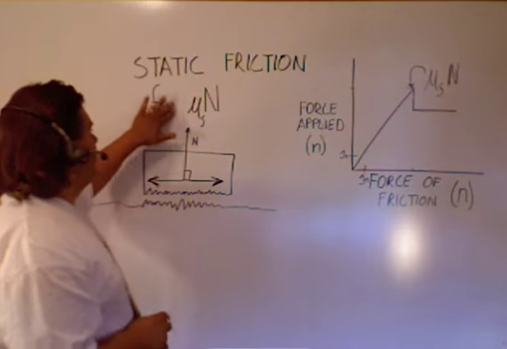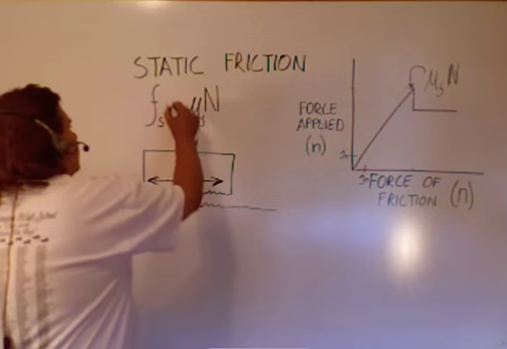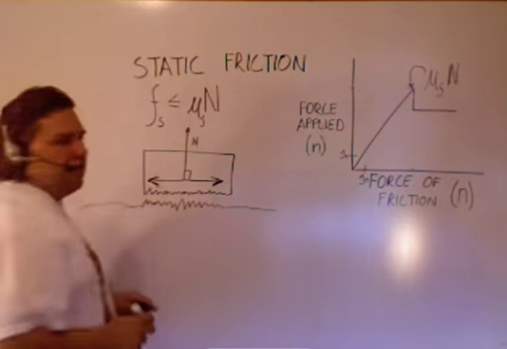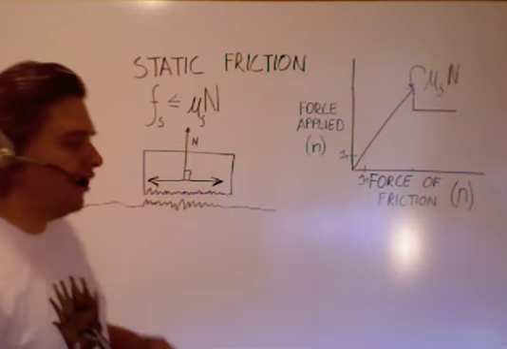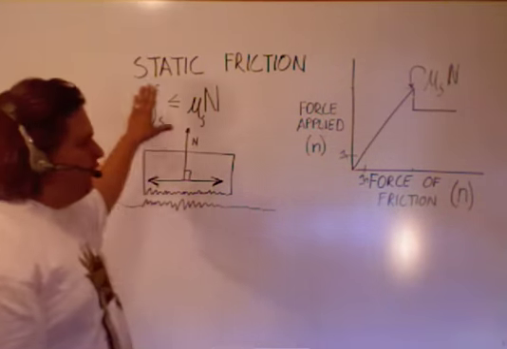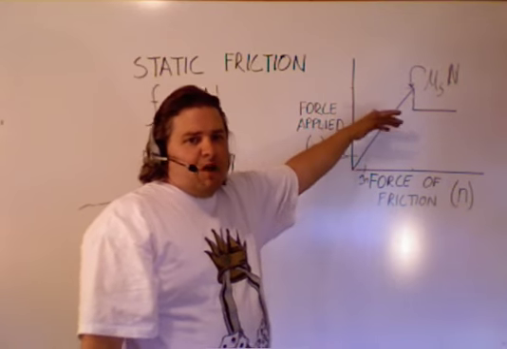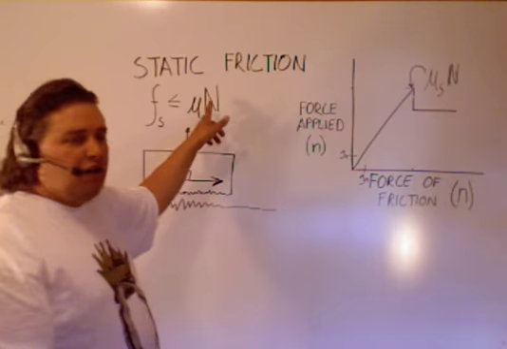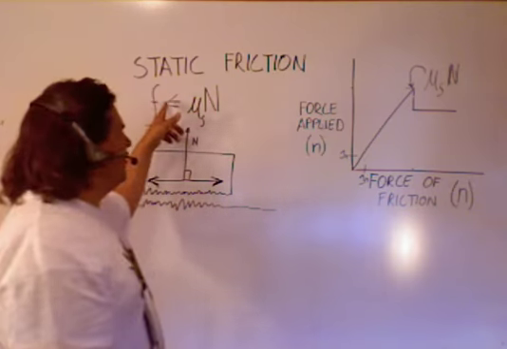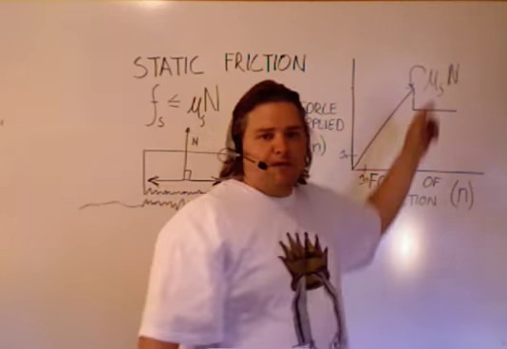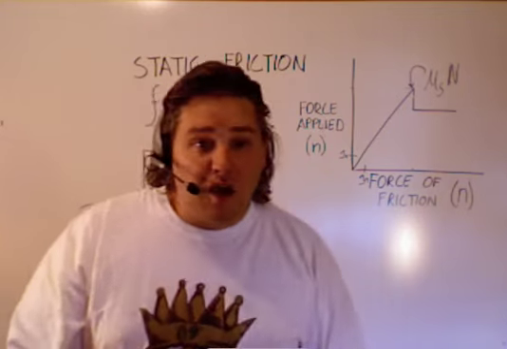The other thing you have to know is that the force of static friction is less than or equal to that value, which means that the force of static friction will match the force that you're applying to the system up until this value. Once you've exceeded this value, then you've overcome the force of static friction and the object starts to move.